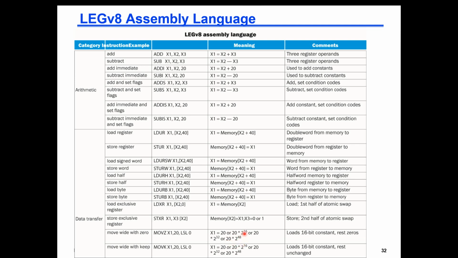So you can shift 16 bits, or shift 32 bits, or shift 48 bits. And then move wide with keep would also load a 16-bit constant in this case, but doesn't change anything. Okay.